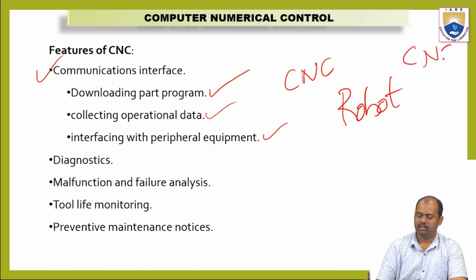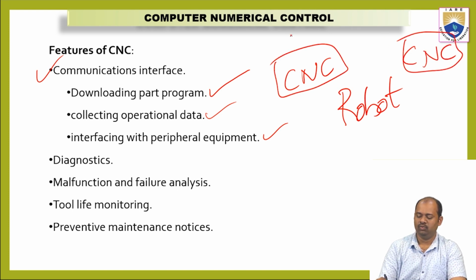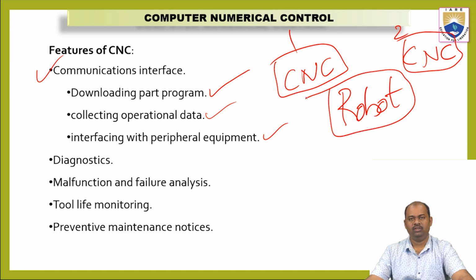Here I have another CNC system. So this is CNC system 1 and this is CNC system 2. In between I have a robot. What robots generally do is pick the object from CNC machine 1 and place the object in CNC machine 2.